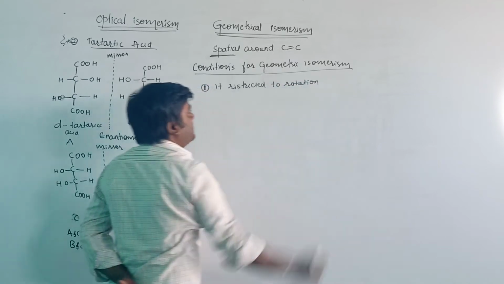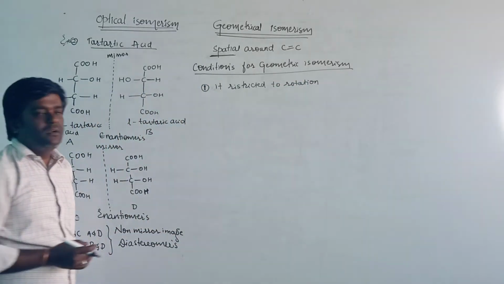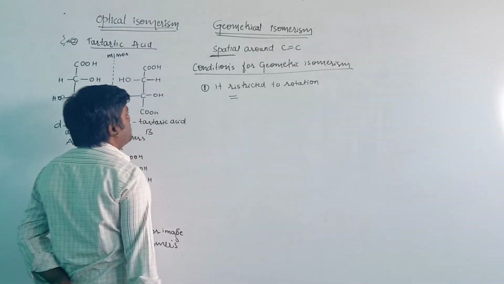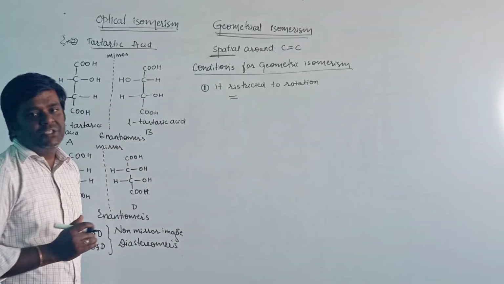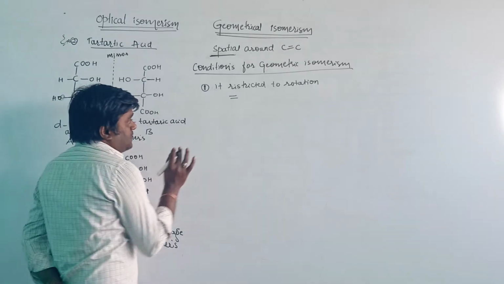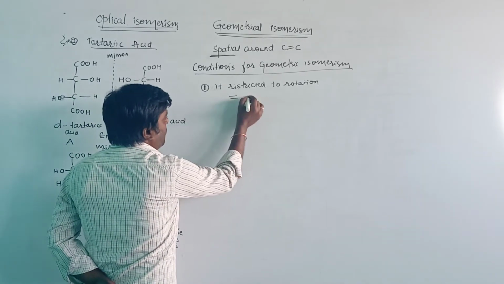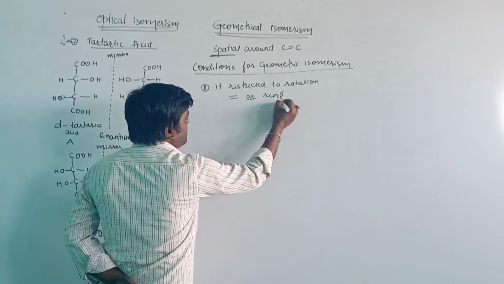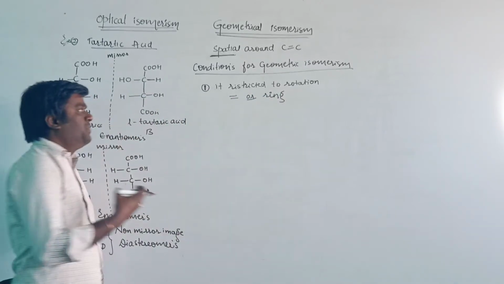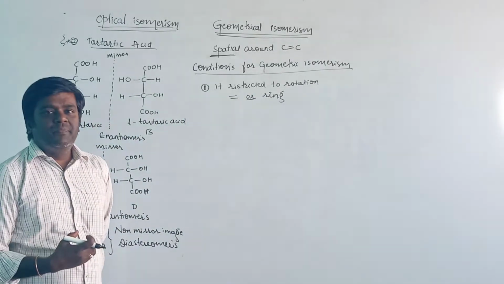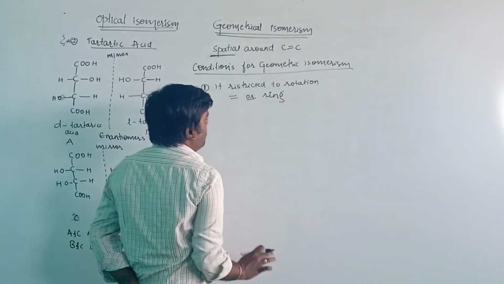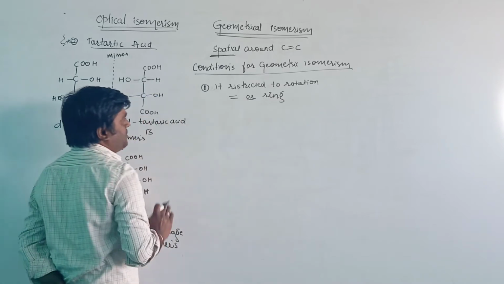Restricted to rotation means the compound must contain a double bond or be present in ring form. It may be a double bond or it may be a ring structure. Then only is it restricted to rotation around the carbon-carbon double bond.